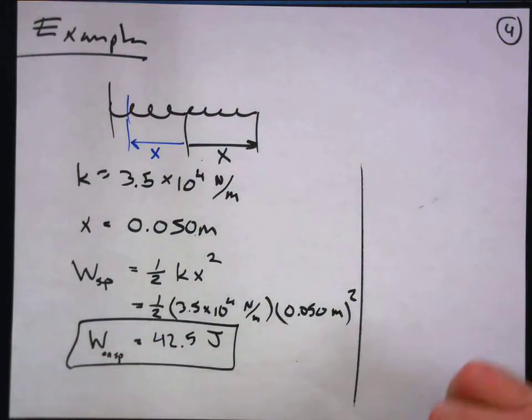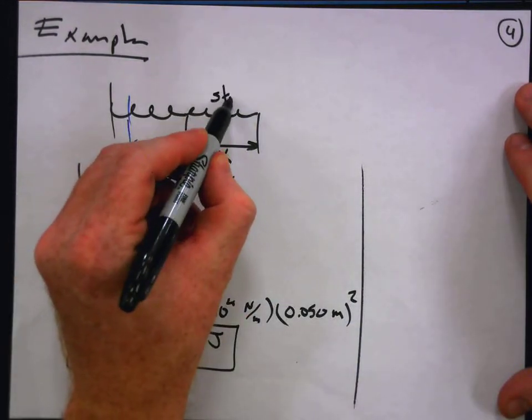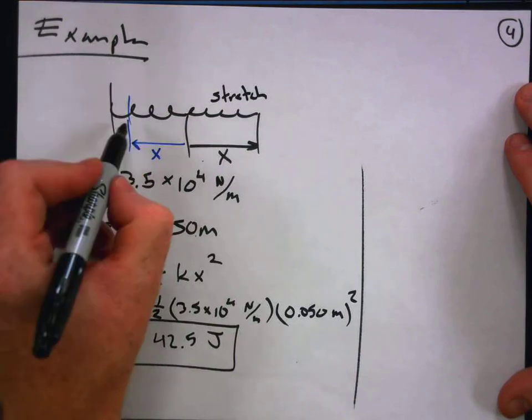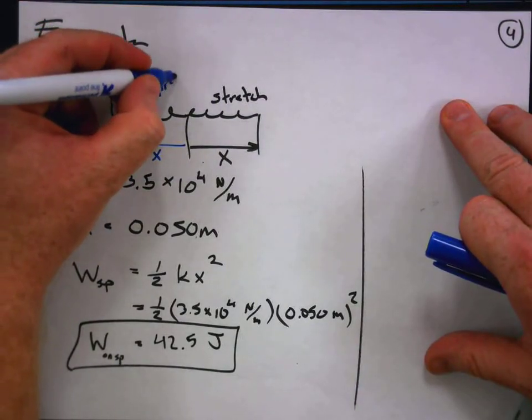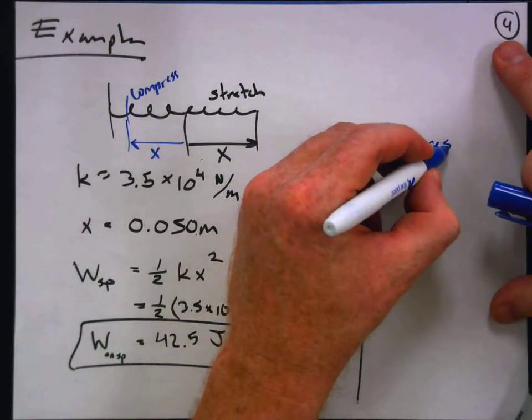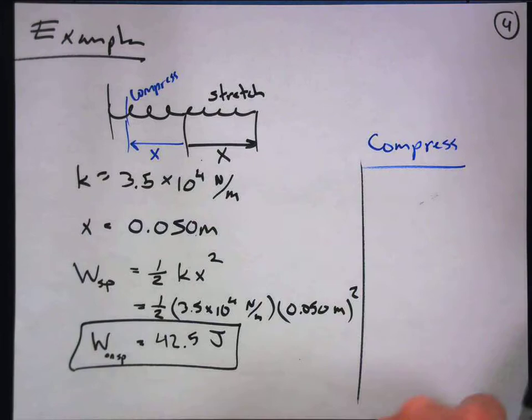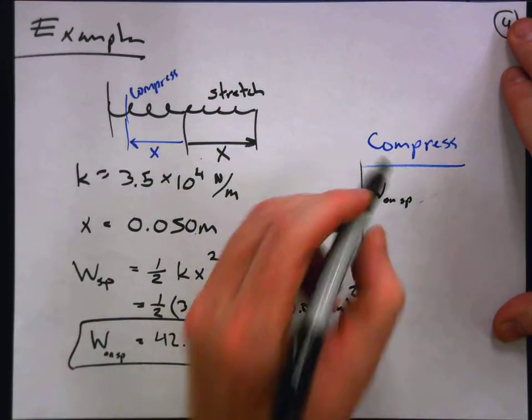So this was a stretch situation. Here is a compression situation. So when we compress it, how much work is done? Well, work done on the spring. That's what I should have been saying all along.